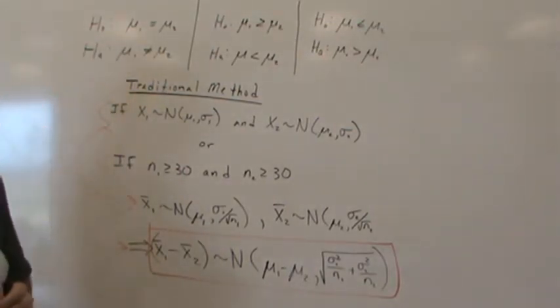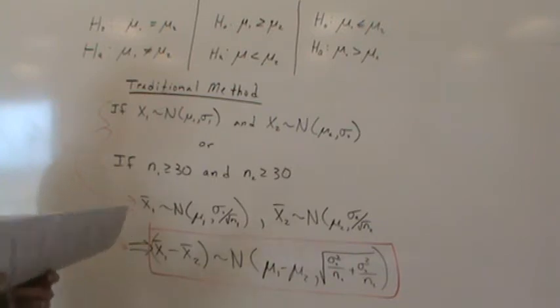So just keep that in mind. Same conditions as when we were dealing with confidence intervals for two populations, okay? And so this ultimately is the sampling distribution for the difference of two sample means, okay?